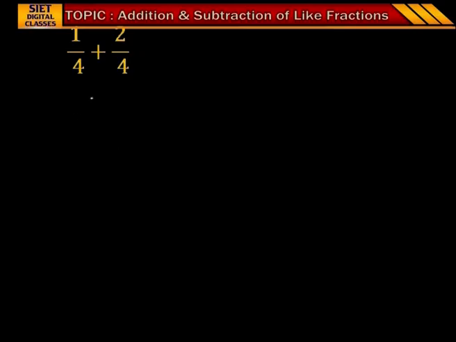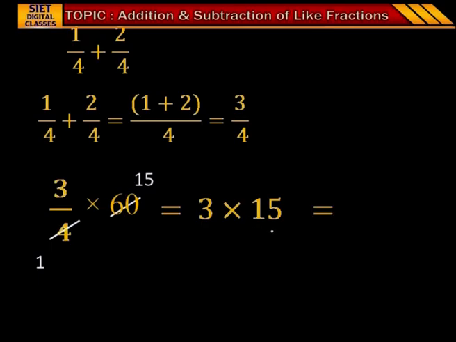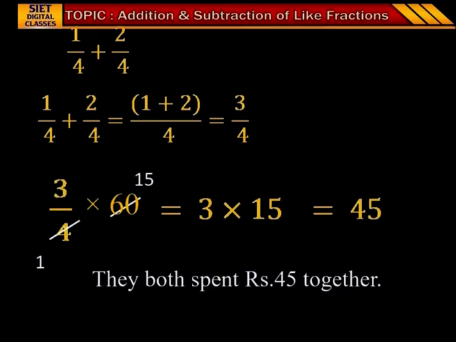When we add like fractions, we add the numerators, that is 3 by 4. So 3 by 4 into 60 means 3 by 4 of 60 rupees. So 4 ones are 4, 4 15s are 60. So we have 3 into 15, the product is 45. They both spent rupees 45 together.